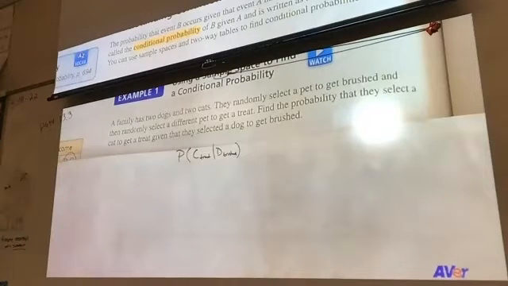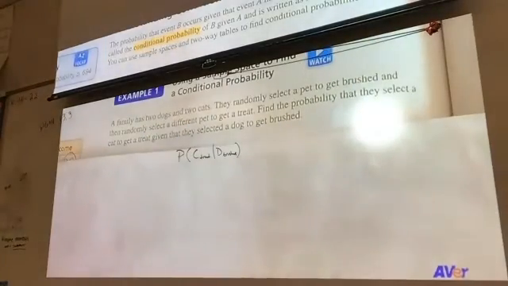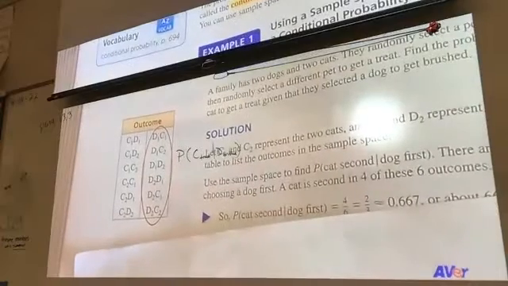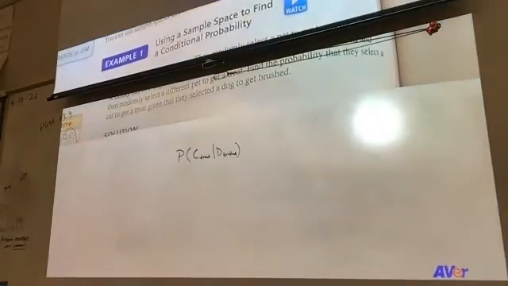So we're saying the second thing has already occurred, and we want the probability of the first one happening. Now, the book is going to list out all the possibilities, the whole sample space. I don't like that, I think that's too much. They write out the entire sample space and then focus in on the ones where a dog was picked first. We could do that, but we could also just use our logic here.